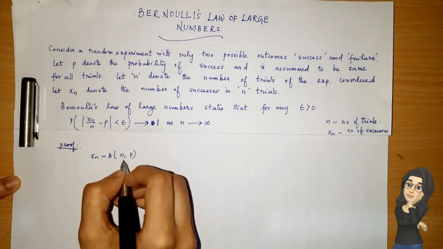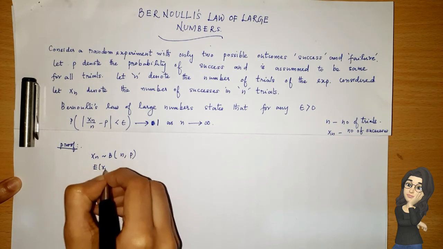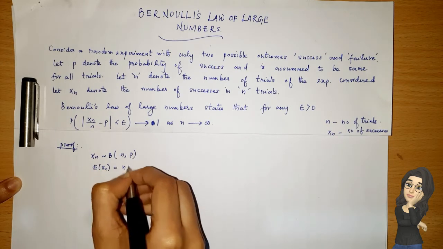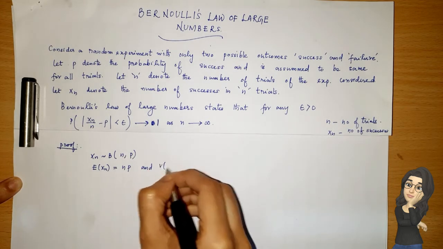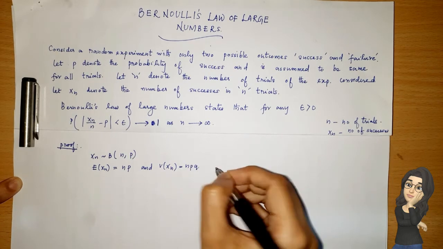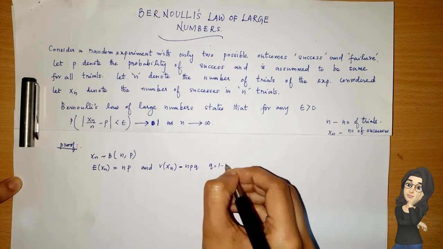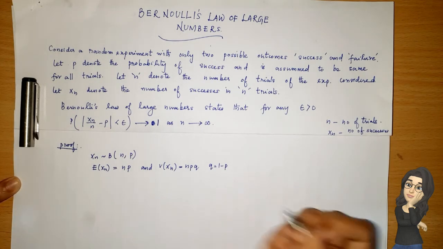So since Xn follows binomial(n, p), we know the expectation of Xn is equal to np and the variance of Xn is npq, where q is equal to 1 minus p, which is the probability of failure.